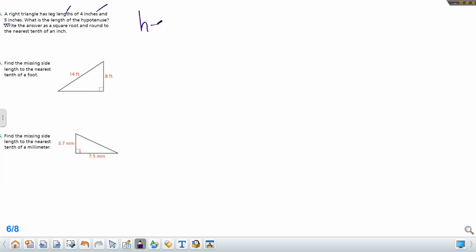Yes, hypotenuse square equals 4 power 2 plus 5 power 2. It will be 16 plus 25, it will be 41. But now ask yourself, how to find the length of the hypotenuse? If the hypotenuse power 2 equals 41, yes, use the square root on both sides.